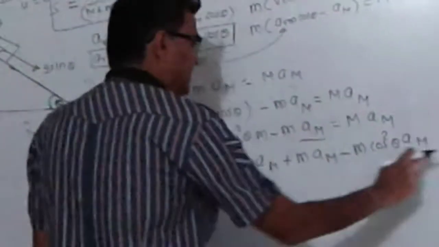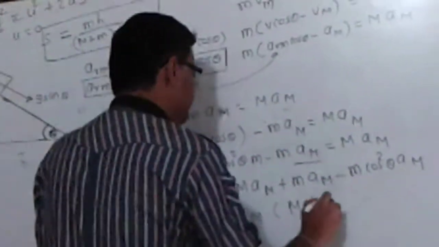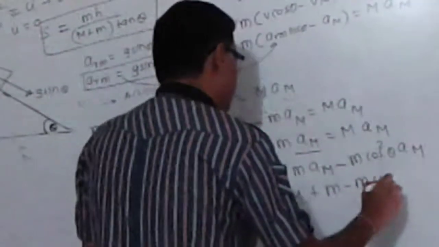Let me take A capital M common from this, and what remains is capital M plus small m minus M cos square theta.